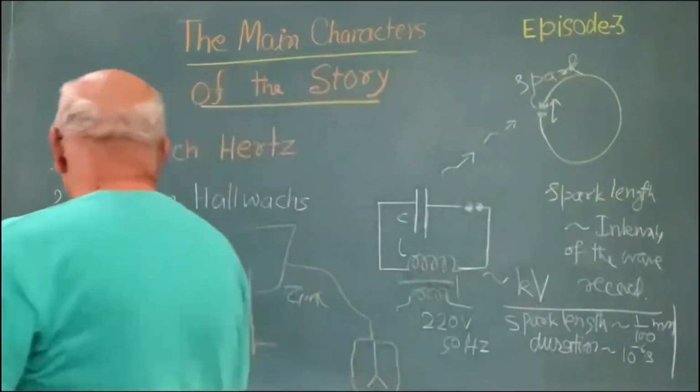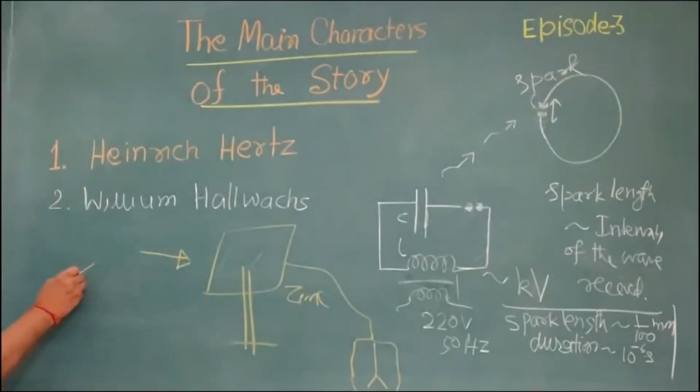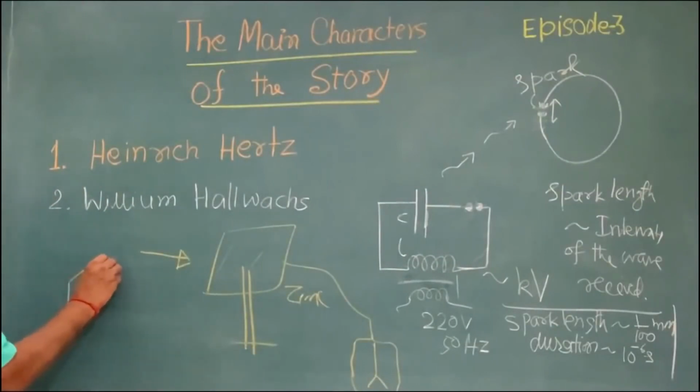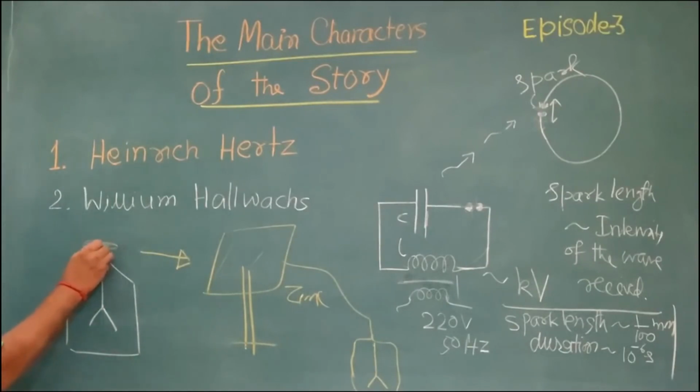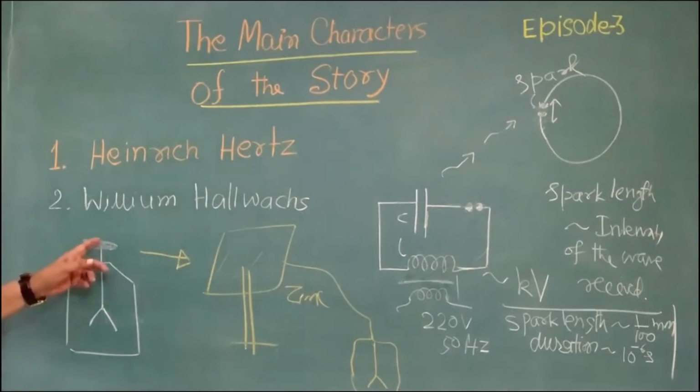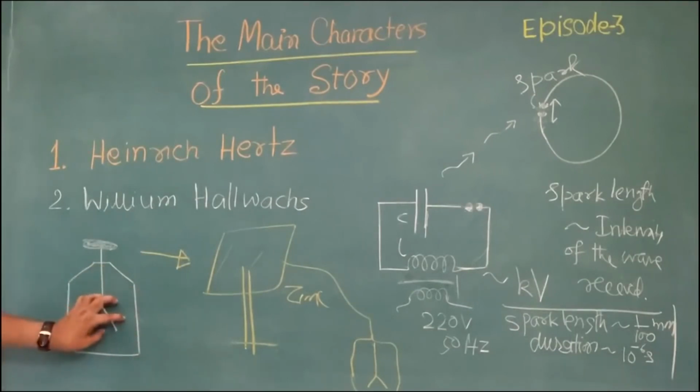So let us say an electroscope here, and here are the two leaves, and here is your metallic end, and everything is metallic. This is an enclosure, transparent, so that you can see what is happening.